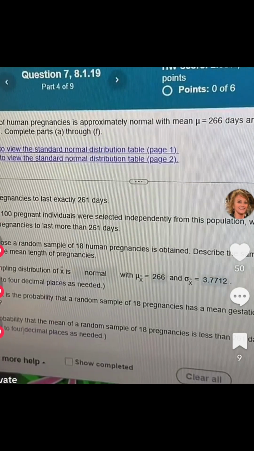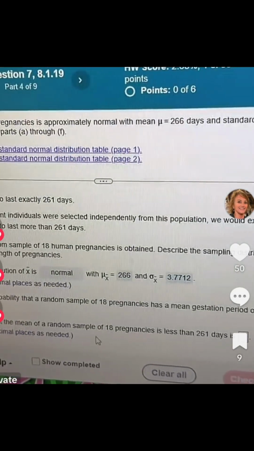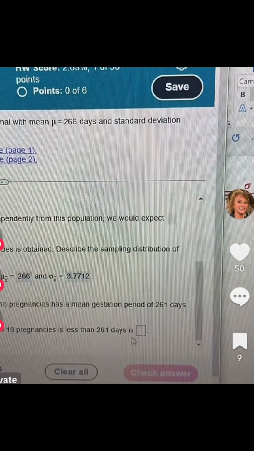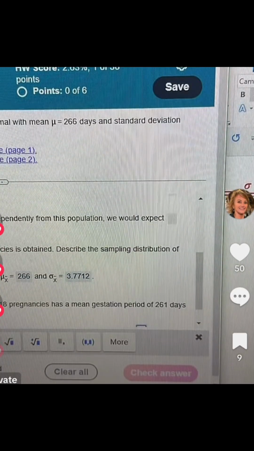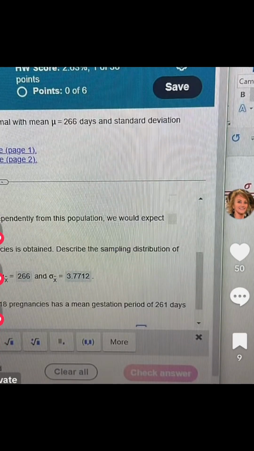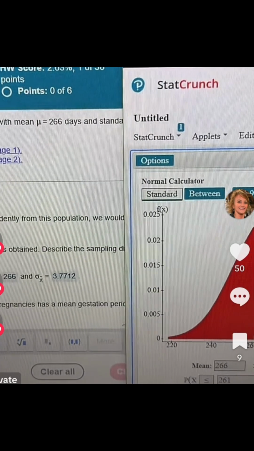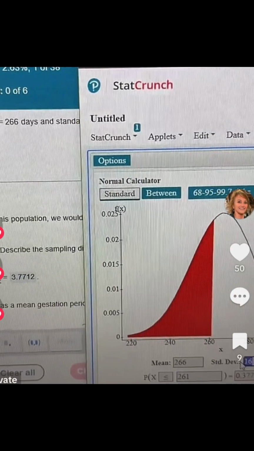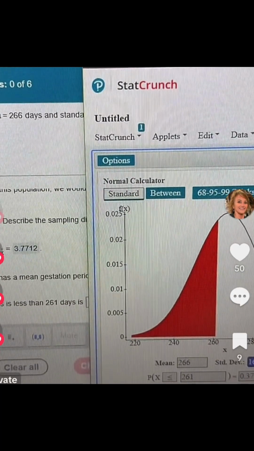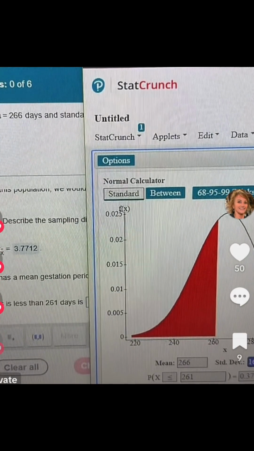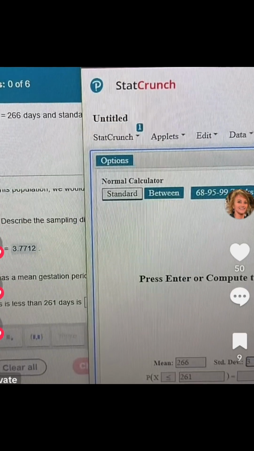Good job. All right, so the probability that the mean of a sample of 18 pregnancies is less than 261 days. We put this in our little red calculator, using our new standard deviation with 18 pregnancies, which was 3.7712.